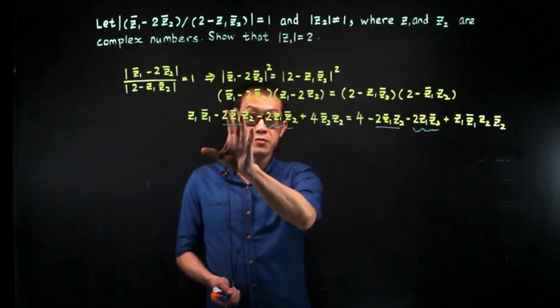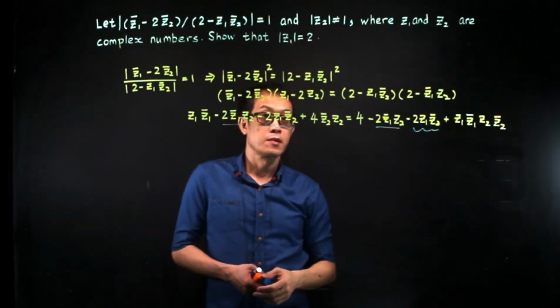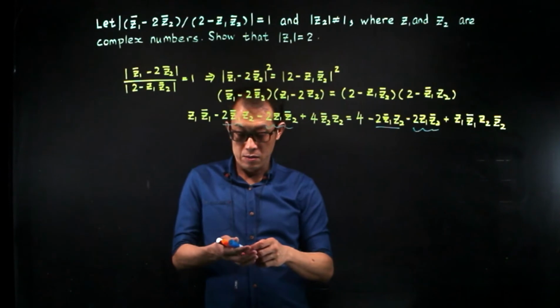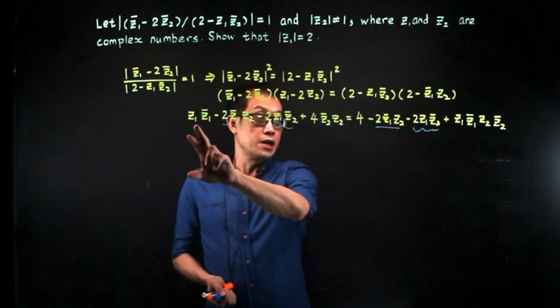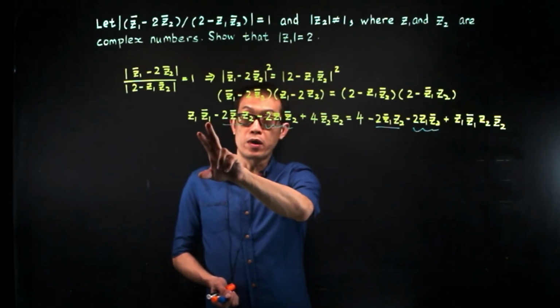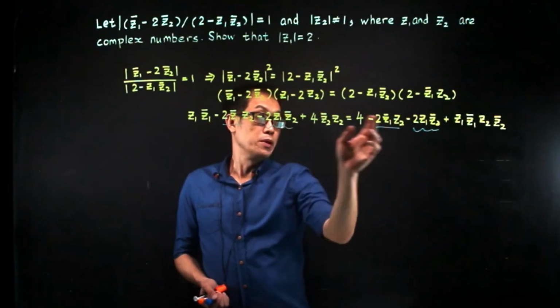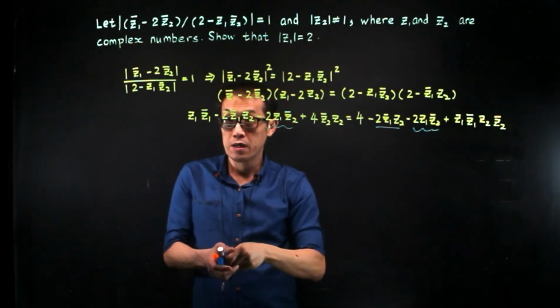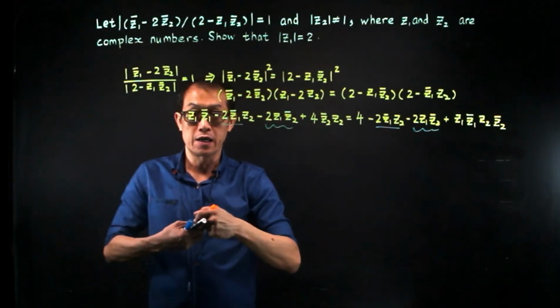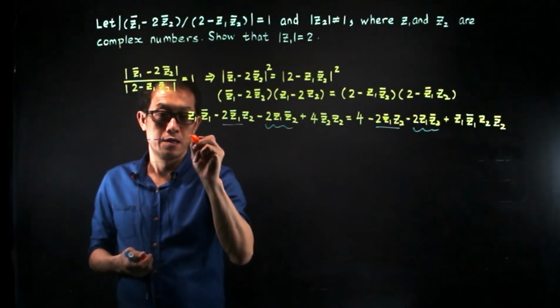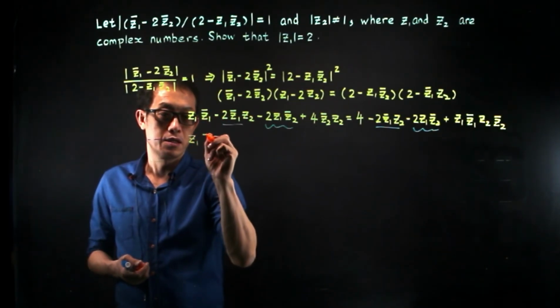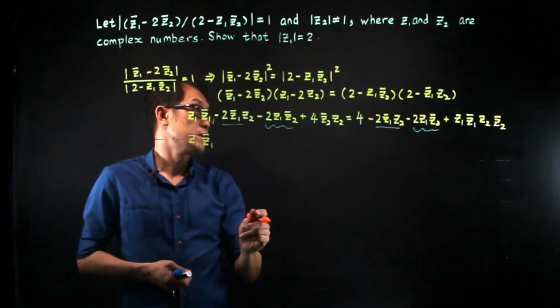So everything else I just bring over. Now, here I have z1 and z1, so maybe I just bring it over. Then I have z1 conjugate z1.